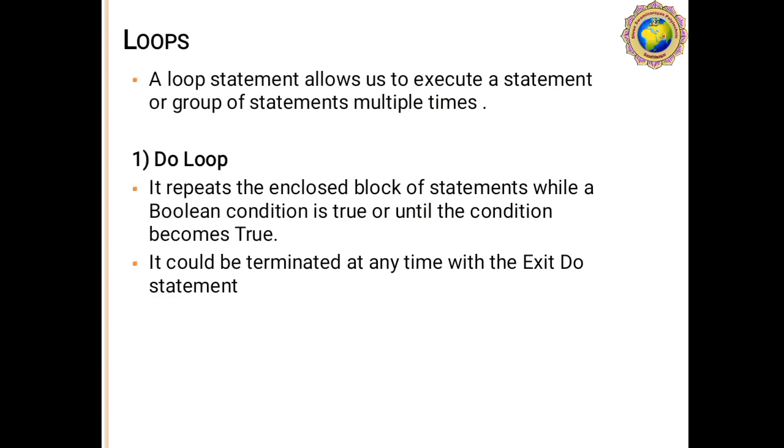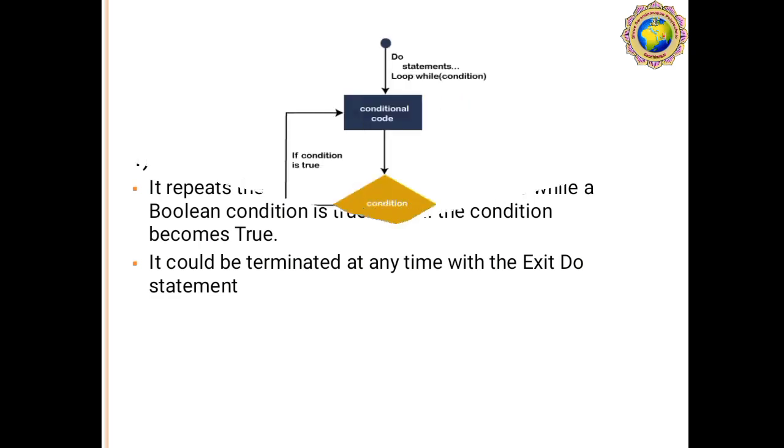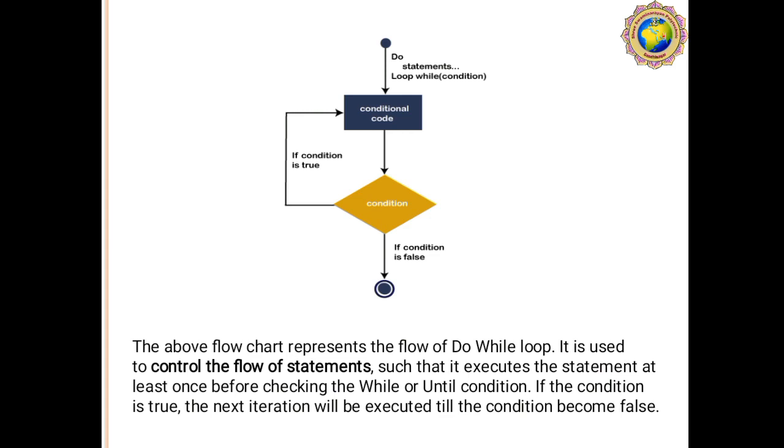Let's understand the Do loop concept using a flow chart. First of all you have to write the keyword Do, then give a statement for execution of the output at runtime, and then use the condition with the While keyword.